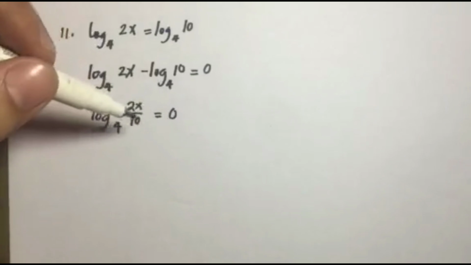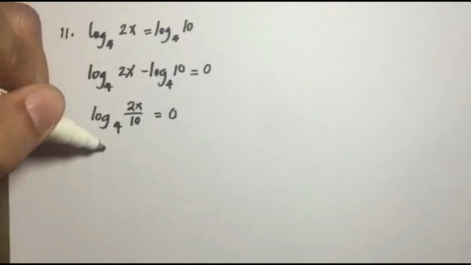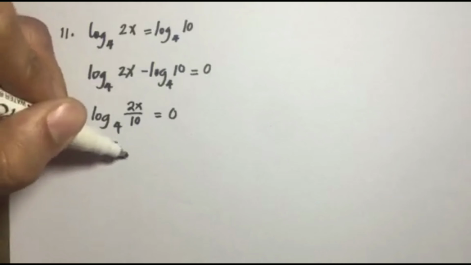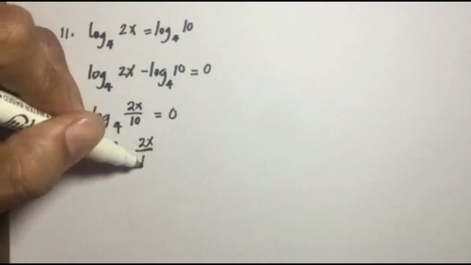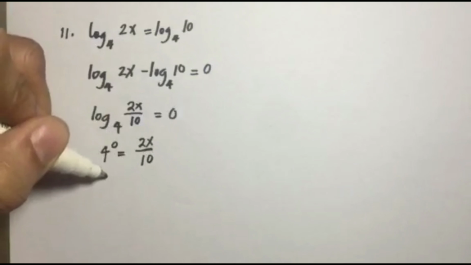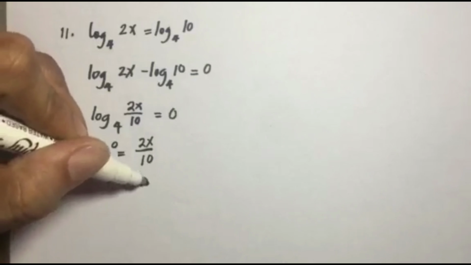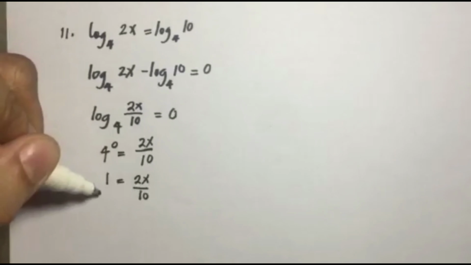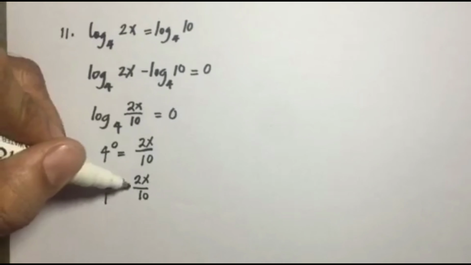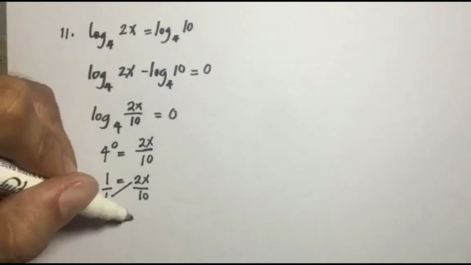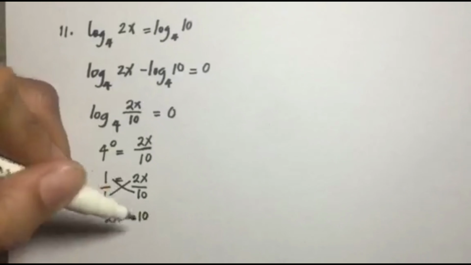So, transforming it into exponential form, that will become 4 raised to 0 equals 2x over 10. So, 4 raised to 0 is 1. And then, copy the 2x over 10. So, this is over 1 also, no? By cross multiplication, we will get 2x equals 1 times 10 is 10.